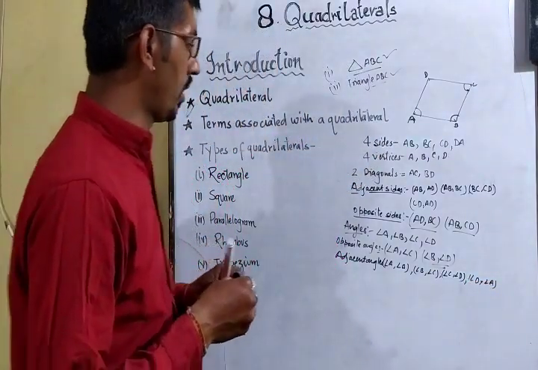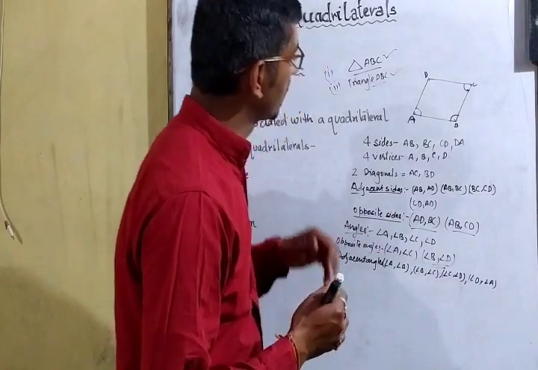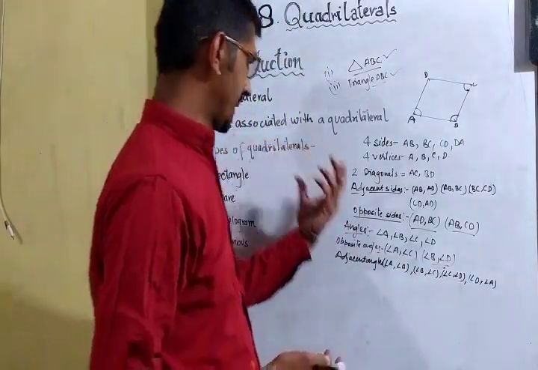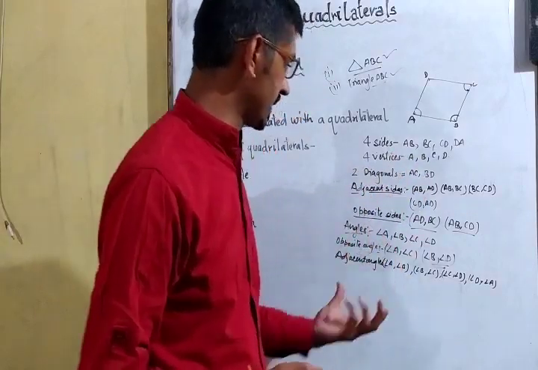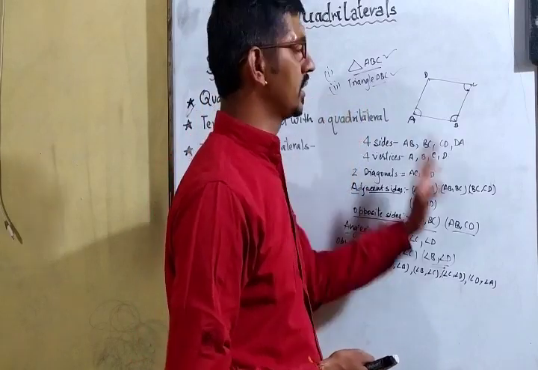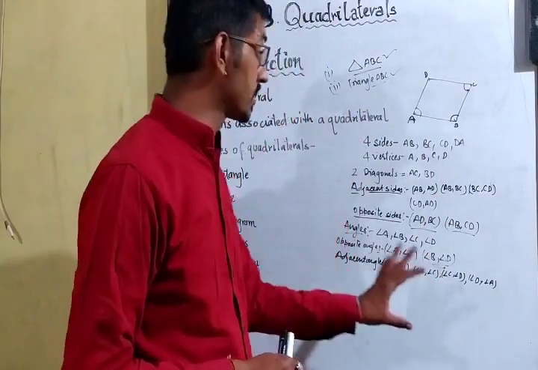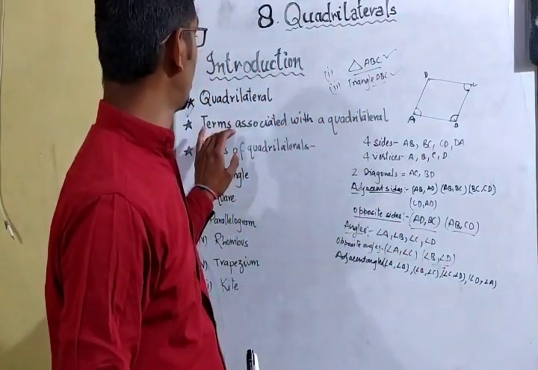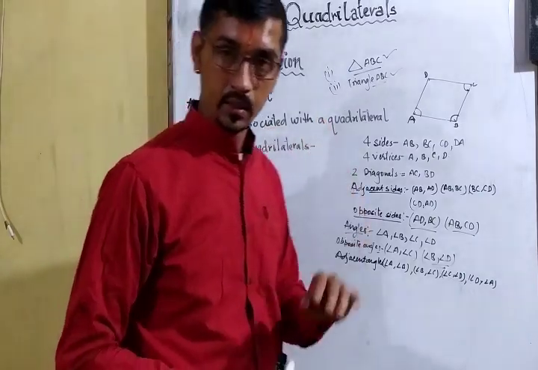So one more thing, that means opposite angles, opposite sides done. Sides done, diagonals done, adjacent sides done, opposite sides done. That means we have learned all the properties, all the terms associated with quadrilateral. Okay.